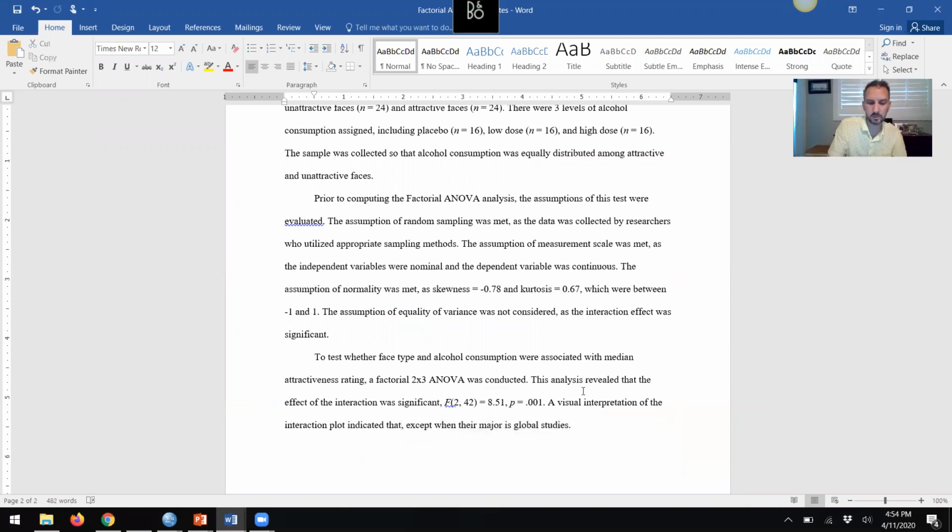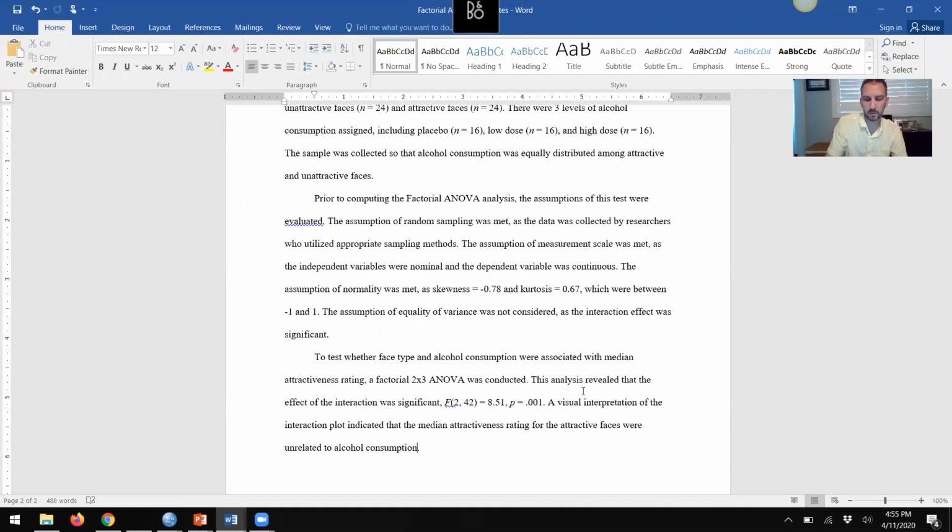all right, I have to delete this. Attractive faces were unrelated to... so I'm going to change this just a little bit and say indicated that the median attractiveness rating for the attractive faces were unrelated to alcohol consumption.